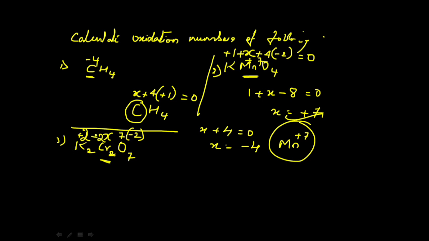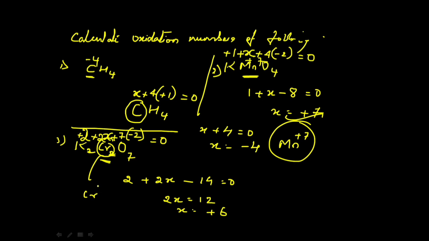The sum of the oxidation states of all the elements will be equal to 0. So that is 2 plus 2X minus 14 equal to 0. Then 2X will be equal to how much? 12. X is equal to +6. So a single chromium exhibits +6 oxidation state. This is how we can calculate the oxidation state of the elements.